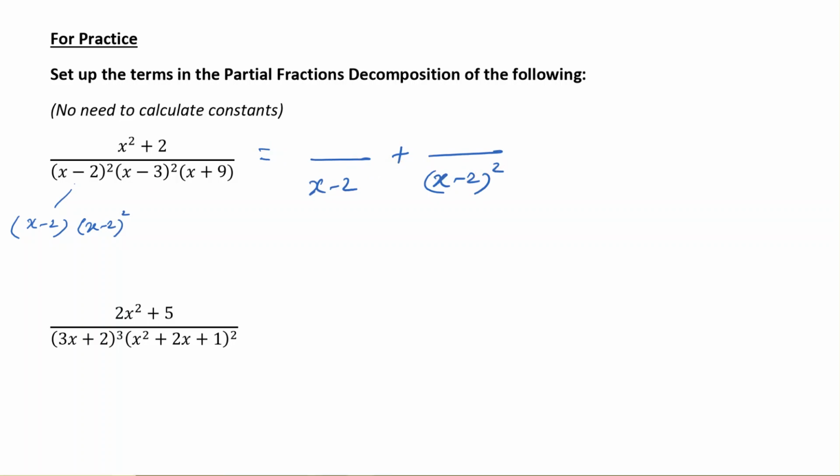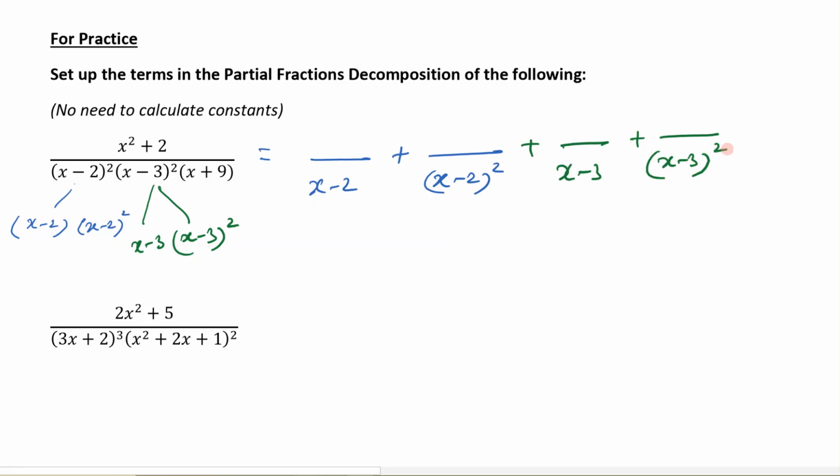And then we have x minus 3 whole square, so degree 1, degree 2. Again, we're going to have another two terms, so something over x minus 3 plus something over x minus 3 square. And lastly, we have just a single linear term, so we're going to have another term with denominator x plus 9.